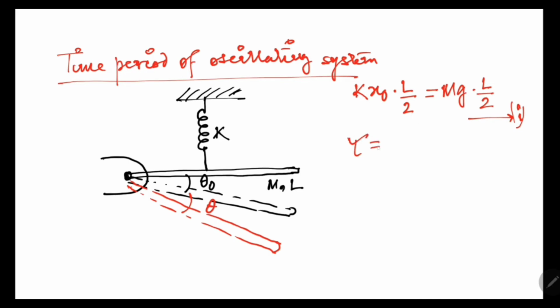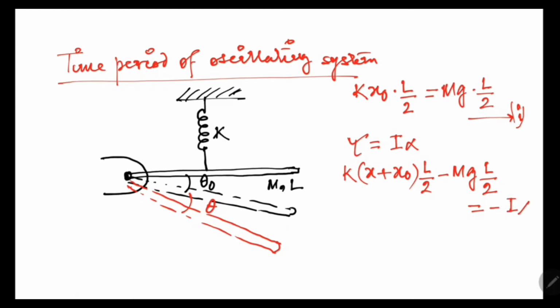Net torque equals I into alpha. So here K into (x plus x0) into L by 2 minus mg into L by 2. This is the net torque at this displaced position, that equals minus I into alpha.